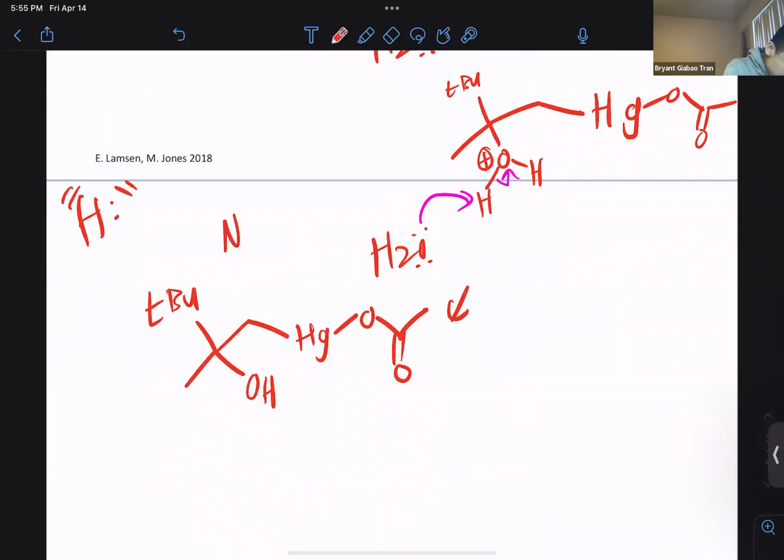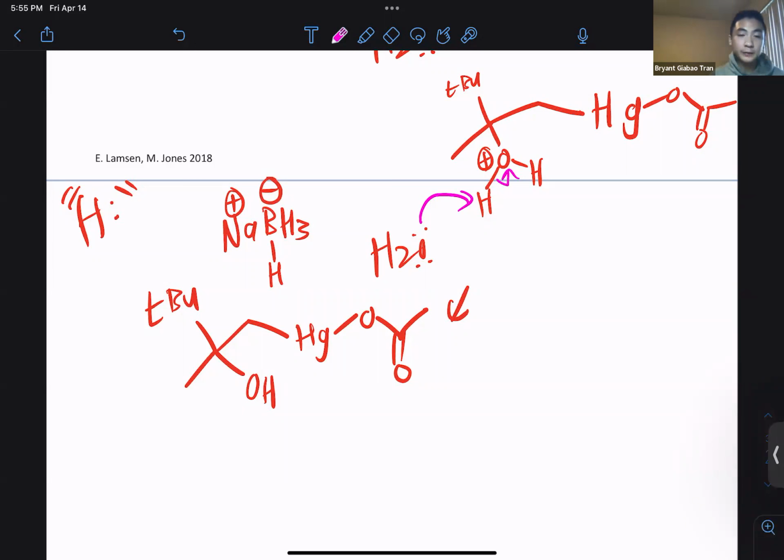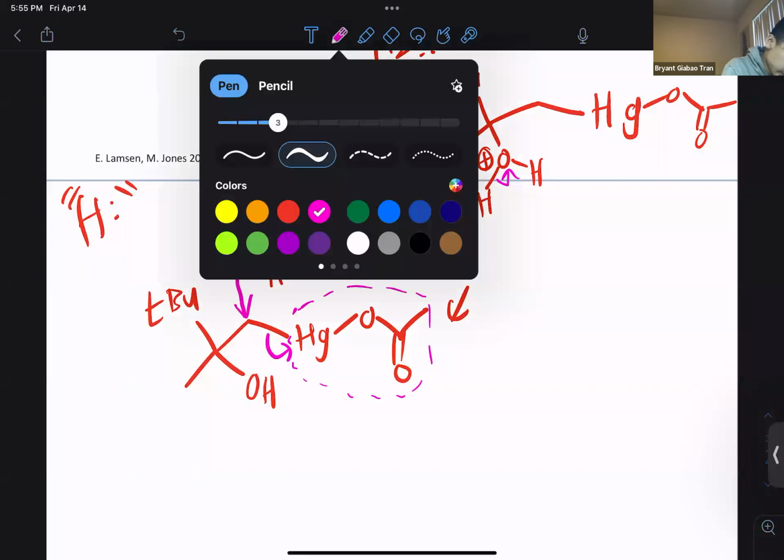So I'm going to draw out the NaBH4, where the Na has a positive charge and the boron has a negative charge. The hydrogen will have a negative charge, which will attack this carbon here and kick out the mercury group, this whole group there.